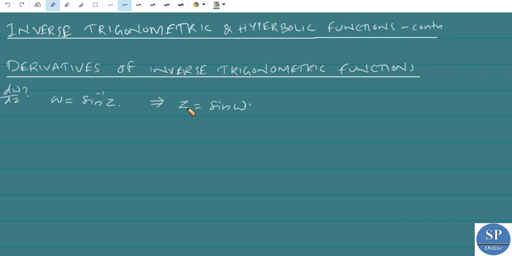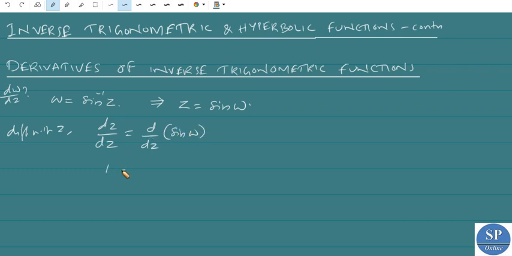So now here we are differentiating with respect to z, so we get dz by dz is equal to d by dz of sine w.